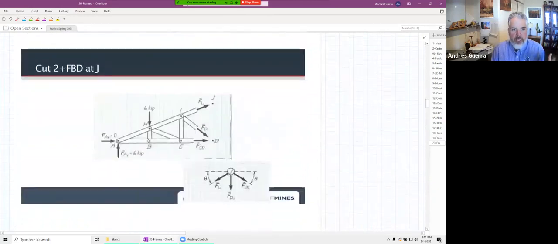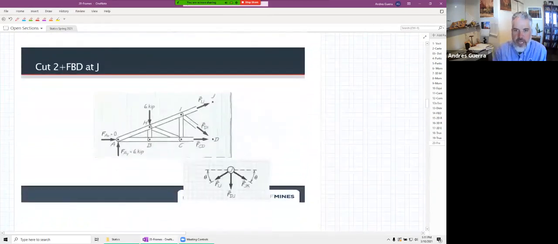So that one works. Cut 2 plus the FBD at J would also work. Cut 2 is this one right here. Again, notice we're cutting through the middle of those truss members. We would do essentially the same process. Even though this cut does not expose DJ, which is what we are looking for, we would still sum moments about D equal to 0.